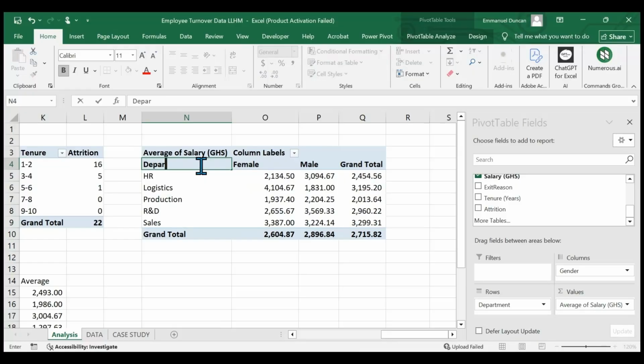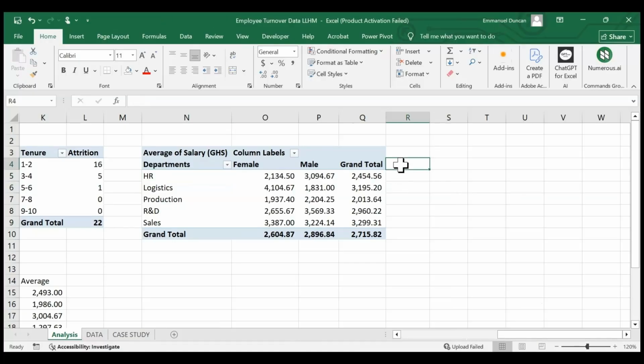So we have our average salary by each department in the organization. So let us go ahead to calculate for the pay gap.